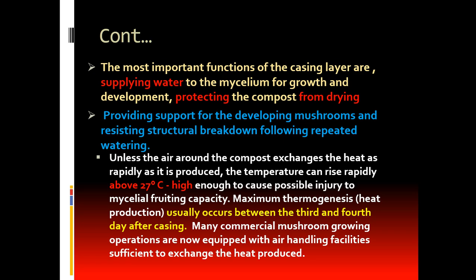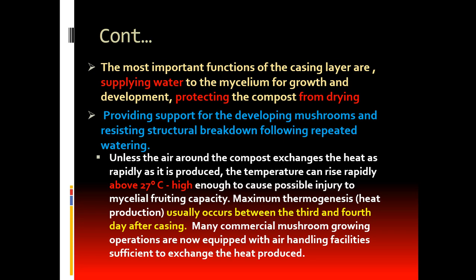If the maximum thermogenesis, means the heat production near the bed or inside the room, occurs between the third and fourth days after casing due to evaporation, many commercial mushroom grower operations are now equipped with air handling facilities.